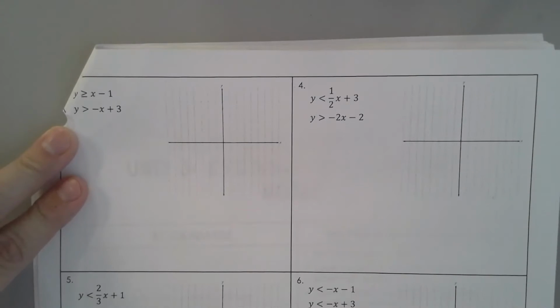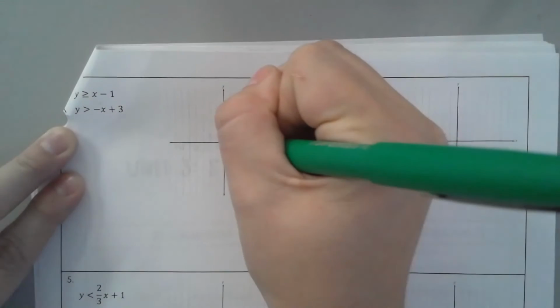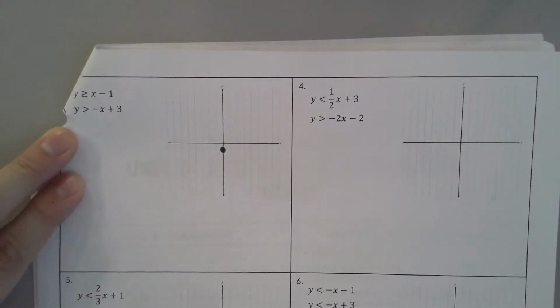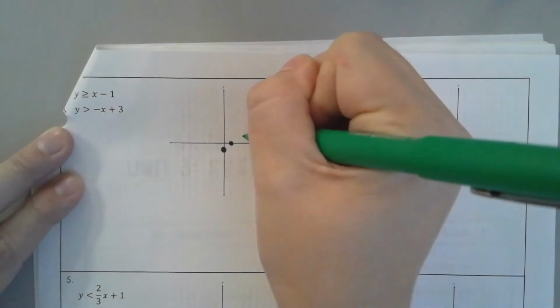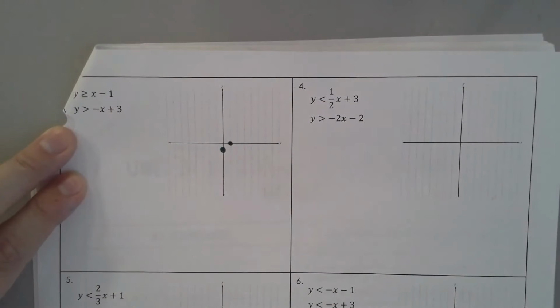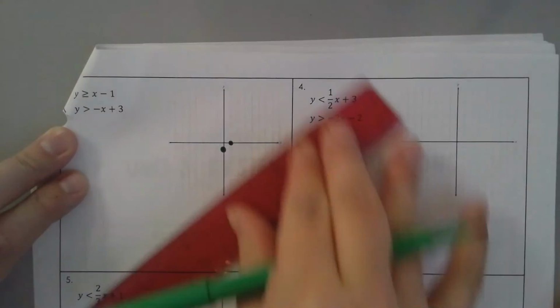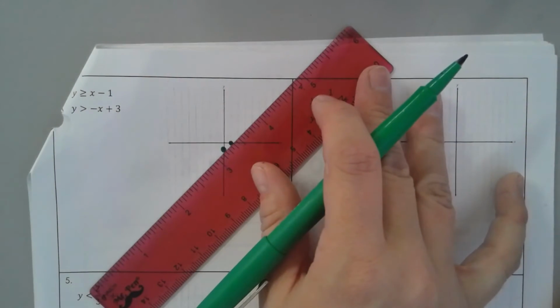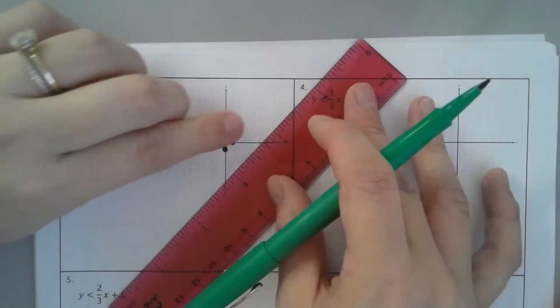All right, number 3, we start out on -1. And we have a slope of 1. On the inequalities, we're not looking for a specific point, so you don't have to keep drawing points.